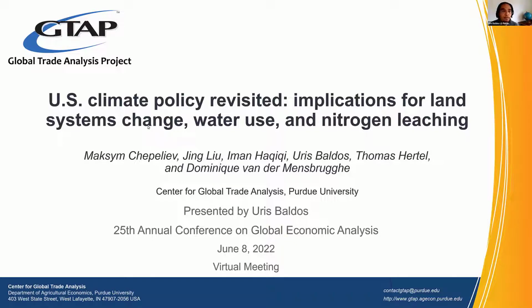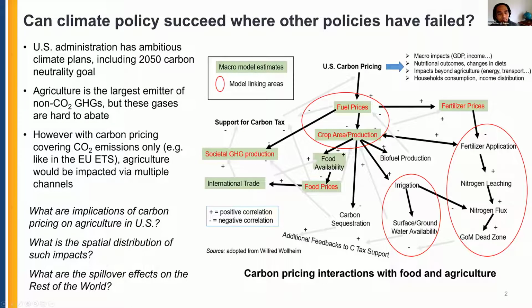All right. So to motivate this presentation, we know that the US administration currently has ambitious climate plans, including a 2050 carbon neutrality goal. And we also know that agriculture is one of the largest emitters of non-CO2 GHG emissions. But when we're thinking of policies that we could enact in order to abate these emissions, it's going to be difficult.